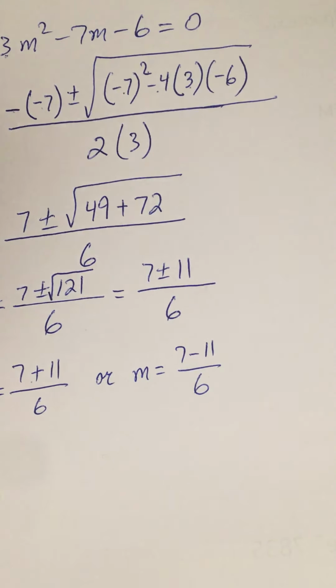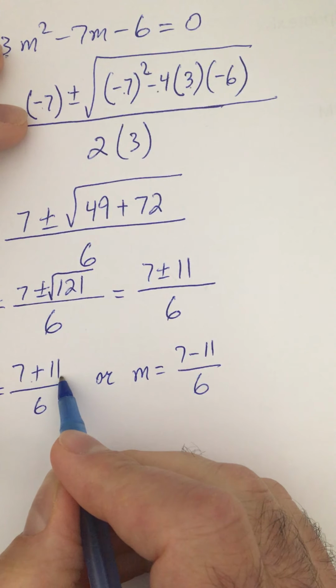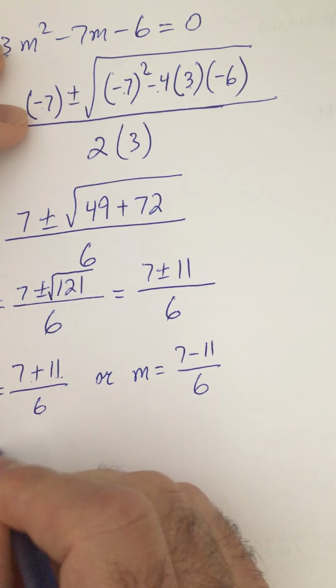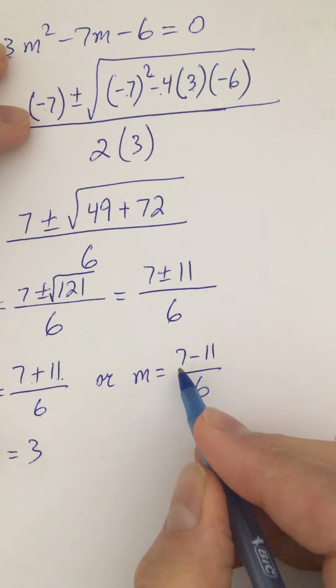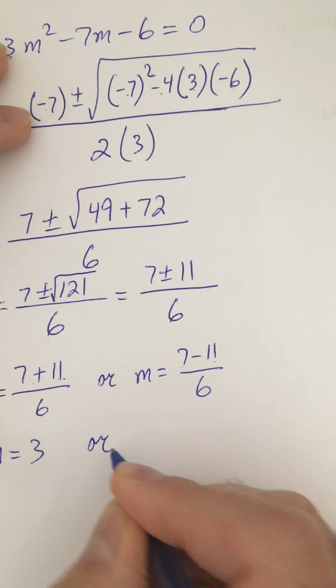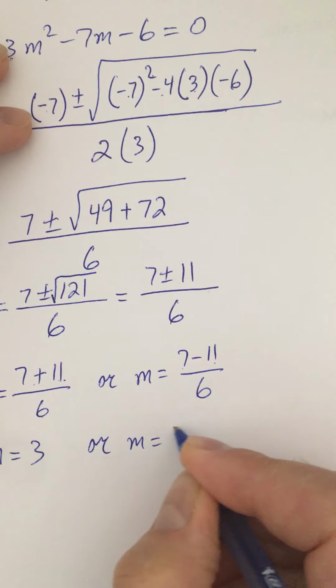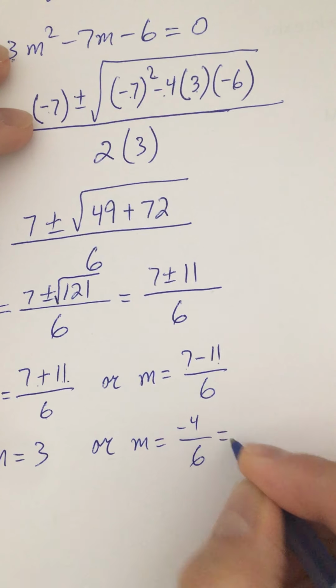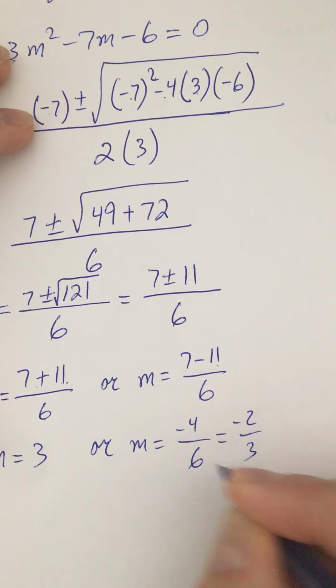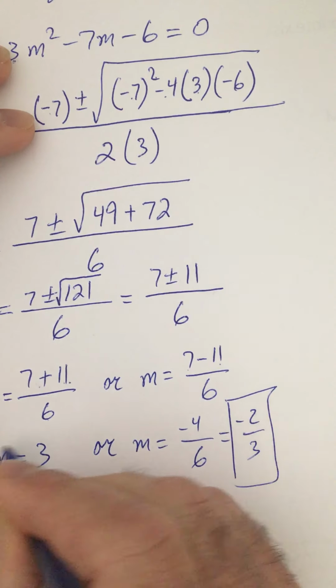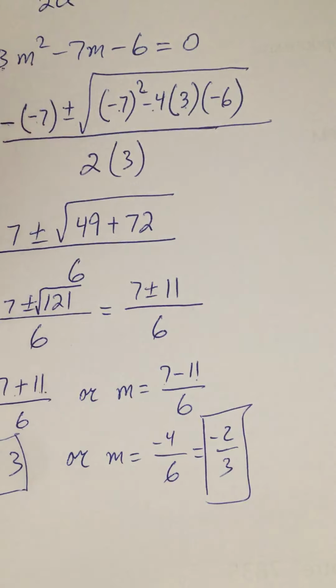Two solutions. 7 plus 11 is 18, divided by 6 is 3. 7 minus 11 is negative 4 over 6, which gives me negative 2/3 when I reduce it. So that's one solution. That's my other solution.